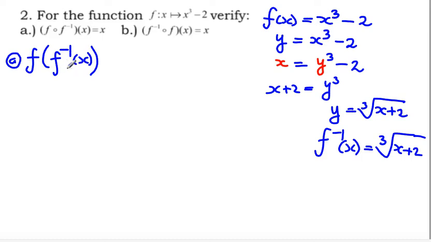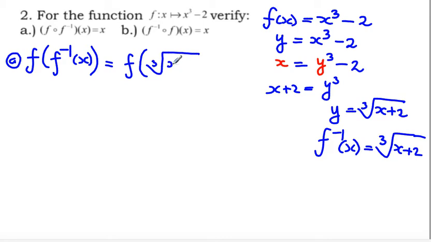Since there is no particular value or number that you need to substitute, we just have to check what is the formula of f inverse of x, and we have it right here. So the only thing I do now is just to replace f inverse of x by its rule.